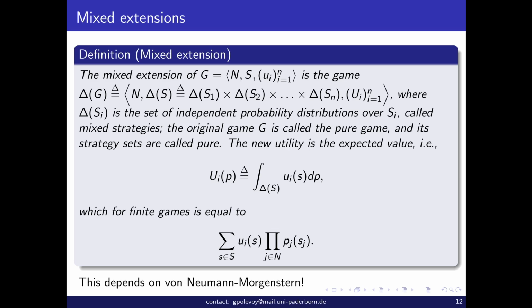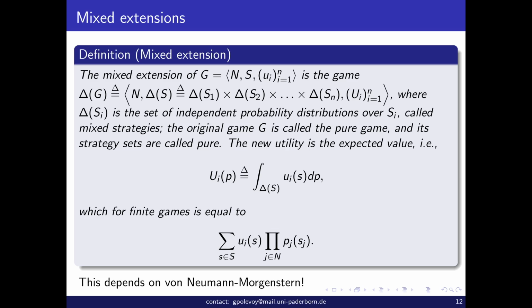We look over all the profiles and we weigh what the player gets in that profile with the probability of that profile, which from independence is the product of the probabilities of the constituent strategies. So that's a natural definition of this probabilistic extension.